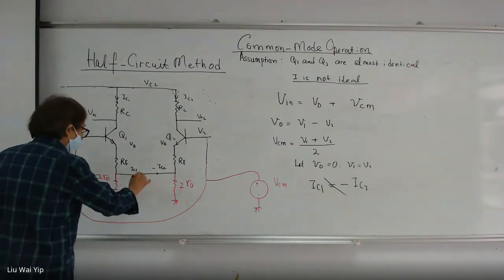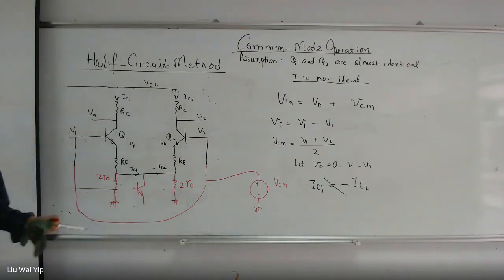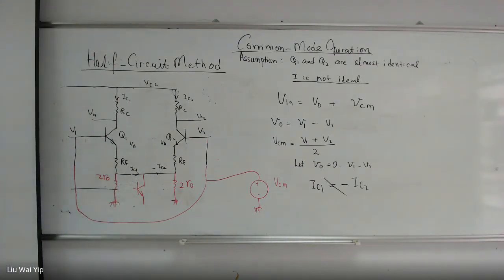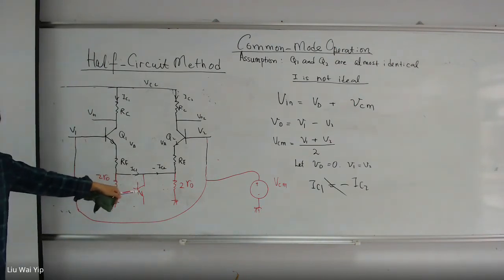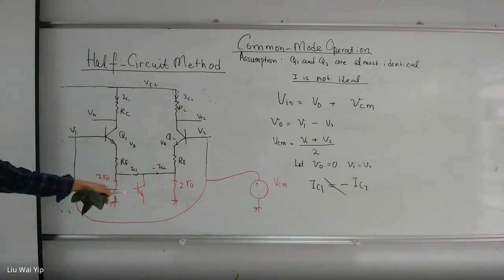Originally, you have a current source here, but now the current source is the combination of an ideal current source together with the early resistance. But current source in small signal is what? Open circuit. Am I right?